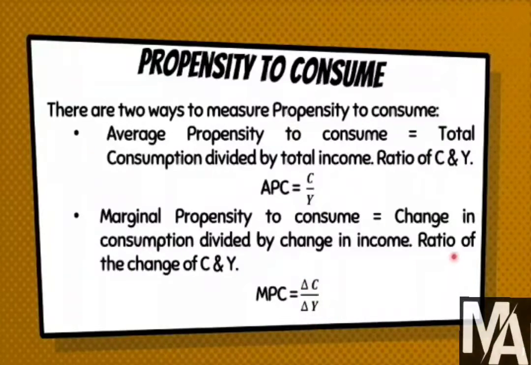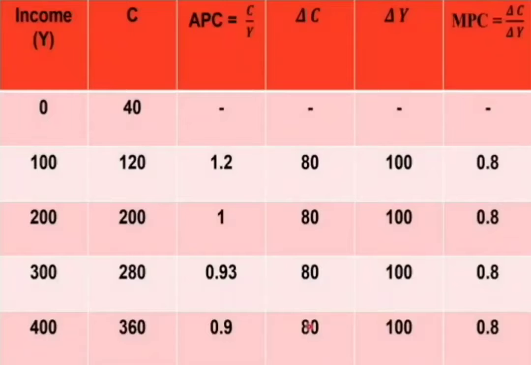So if APC was C divided by Y, or consumption divided by income, MPC will become delta C divided by delta Y, or the change in consumption divided by the change in income. We will make it very, very clear with a numerical example here.